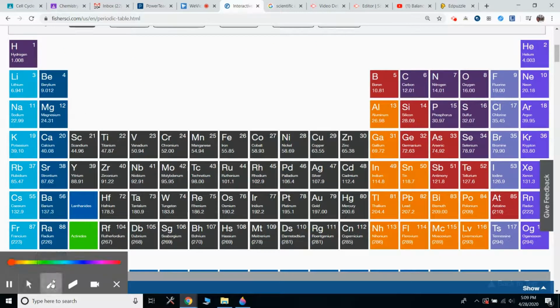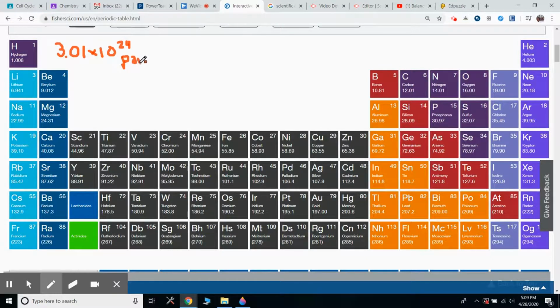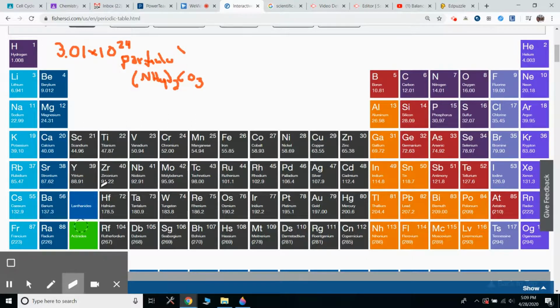Okay, now this is not our answer. Remember, we're trying to figure out if we had 3.01 times 10 to the 24th particles, how many grams of ammonium carbonate we would have. I'm going to put my label for the ammonium carbonate underneath here, just so I have enough room to get everything that I need in my ladder.